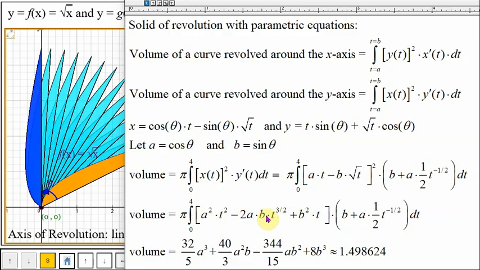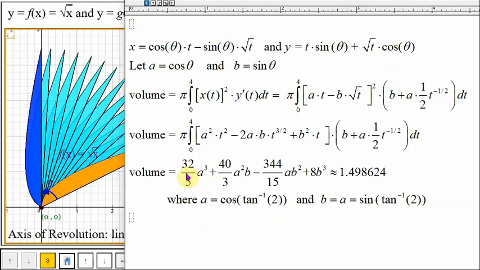If we expand this even further and then integrate, this is what we end up with: 32 over 5 A cubed plus 40 over 3 A squared B minus 344 over 15 A B squared plus 8B cubed. This is the exact answer, where A is cosine of tangent inverse of 2, and B is sine of tangent inverse of 2.